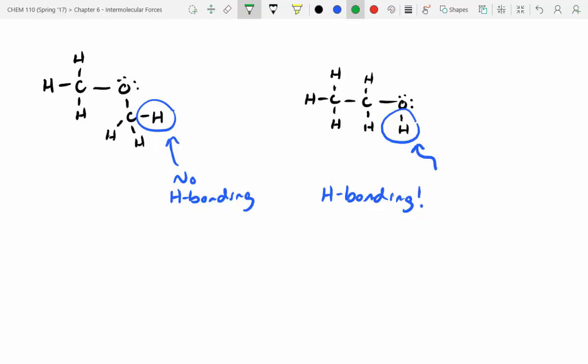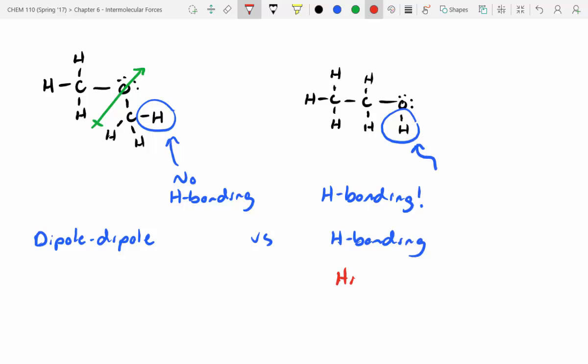If we look at this one, there's a net imbalance towards this oxygen. So the main intermolecular force for the molecule on the left would be dipole-dipole. And this would be versus H bonding. That means that this one should have the higher boiling point.